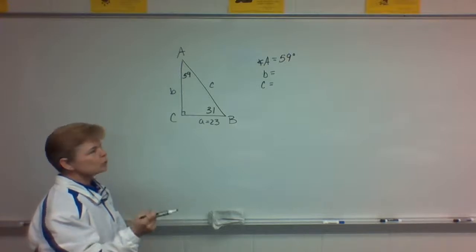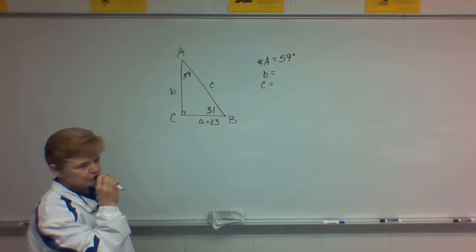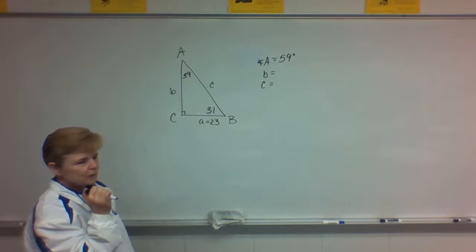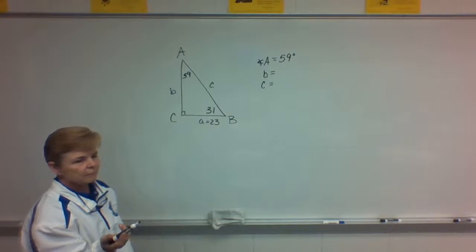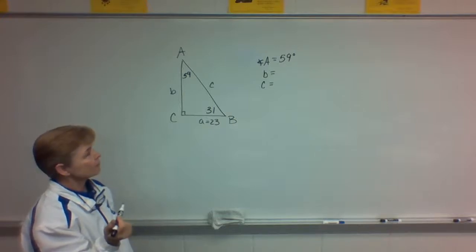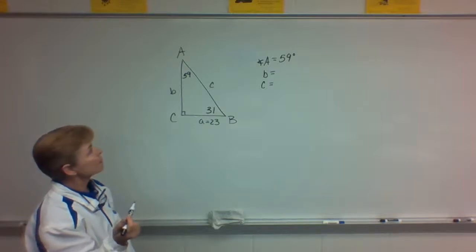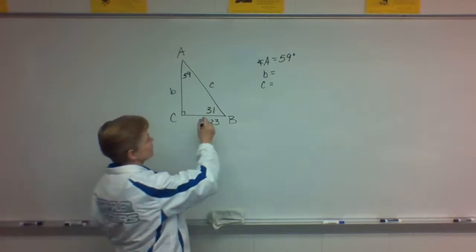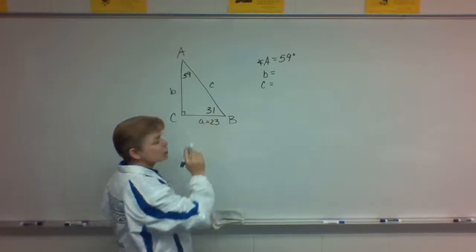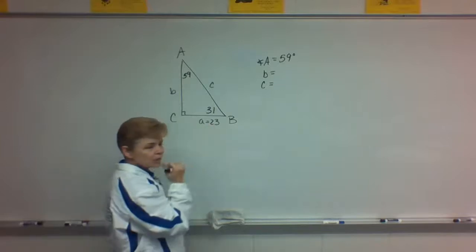What would you do to find little c now? Wait, hold on. I heard somebody say sine. Sine of what? Sine of a, wouldn't it be? Because if you're going to try to find one of the missing sides, you have to involve a trig function that uses this side somewhere.